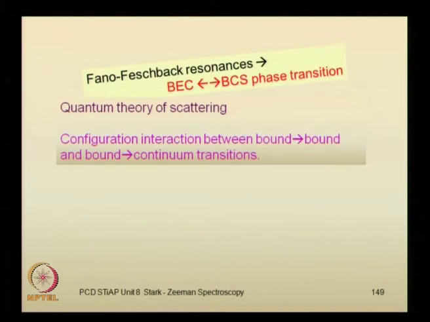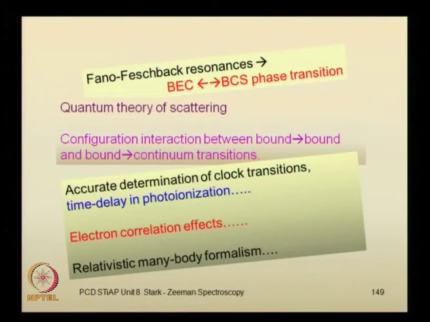Actually, it is a parameter called the scattering length in quantum collision theory, which is controlled by magnetic fields to bring about these transitions. And then you also need to study electron correlation effects, relativistic many body theory and so on. That is the subject for a different course, and we pretty much conclude this course here.